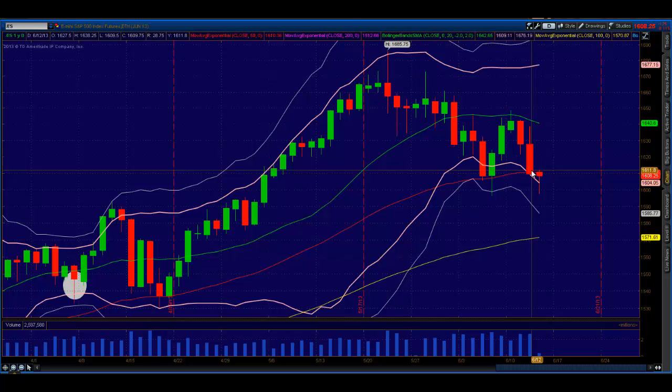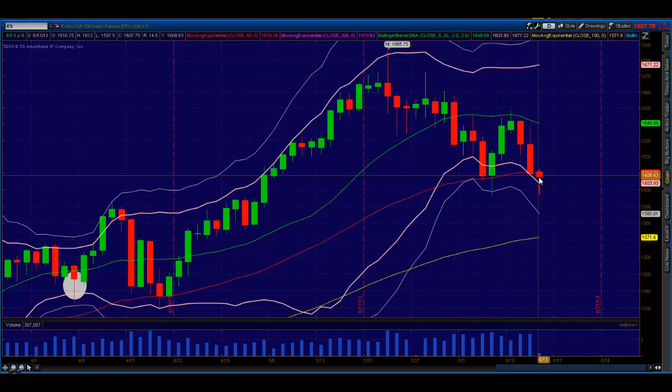We've gone down and tested this low, this 1596 half low. The low 97 half is a low in the Globex, but that's in Globex. It'll be very interesting to see what happens in the regular session, whether that area gets retested during the day.